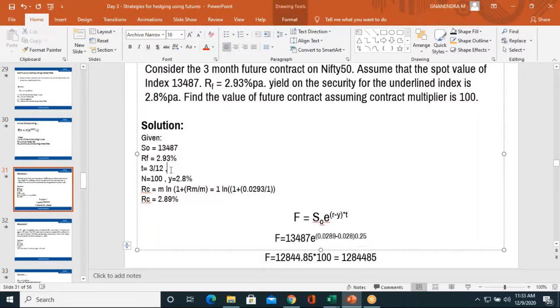That I did not write here. 3 by 12 is a quarter, so I've taken a quarter.